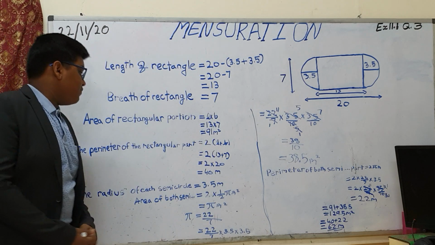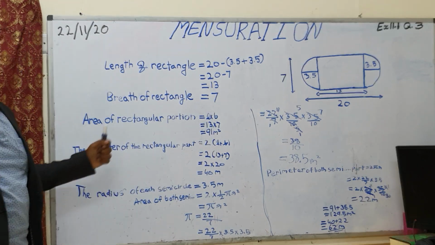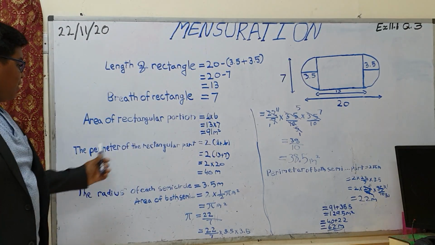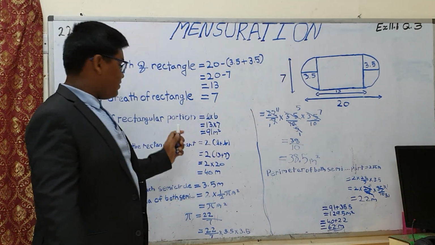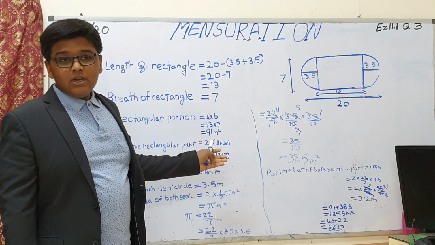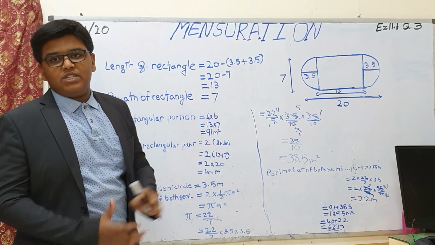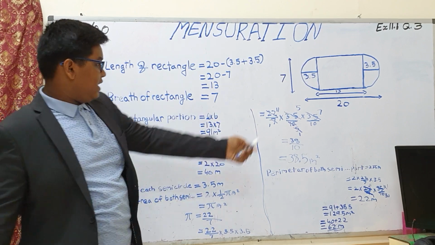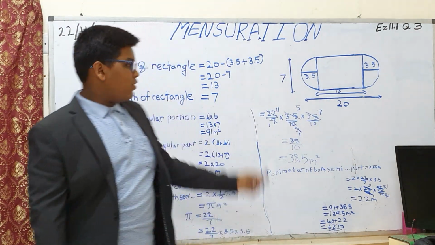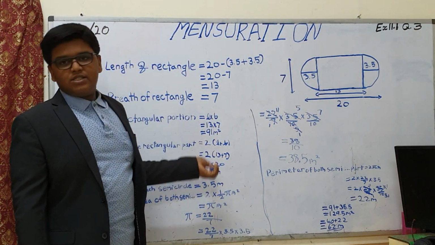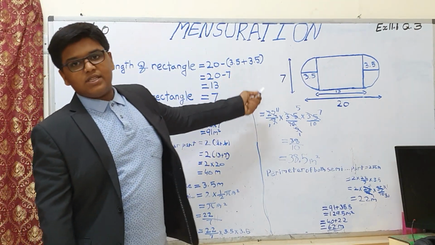Now, the perimeter of the rectangular part is equal to 2 into (L plus B), which is the perimeter of the rectangle. So what is the length given here? It's 13, and the breadth is 7.